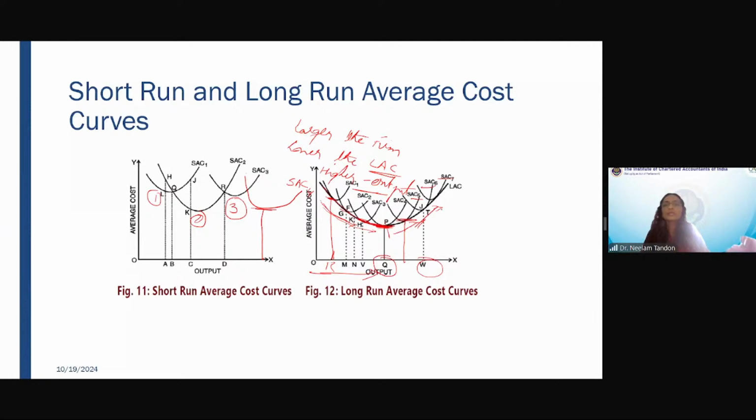As the average cost starts increasing, you are gaining more output, but at the same time, the cost is increasing. This increase in the cost factor is known as diseconomies of scale. We'll share what is diseconomies of scale, and this downfall in the average cost curve, long-term is known as economies of scale. Okay, so we will be sharing now economies of scale and diseconomies of scale.